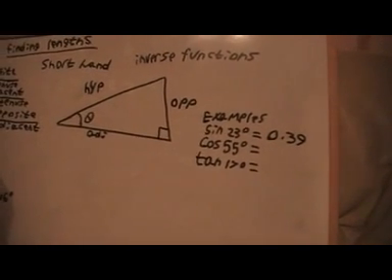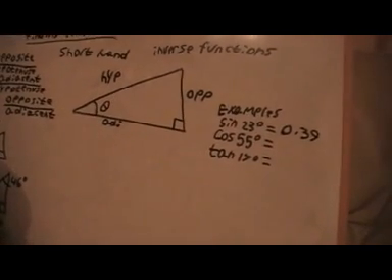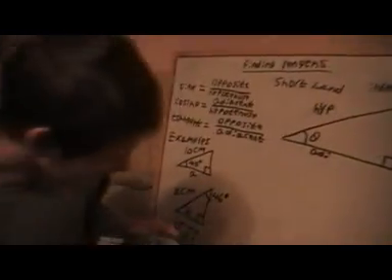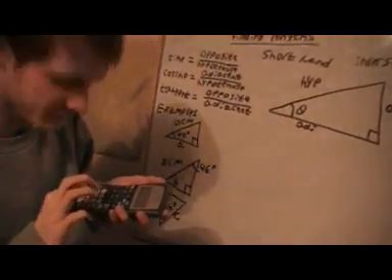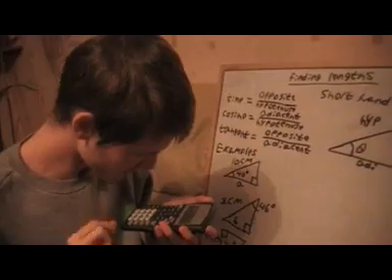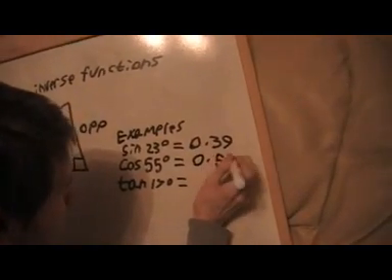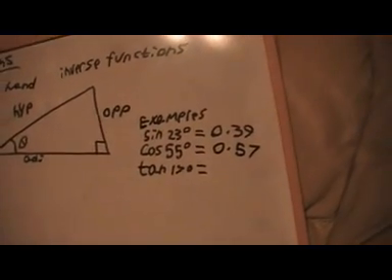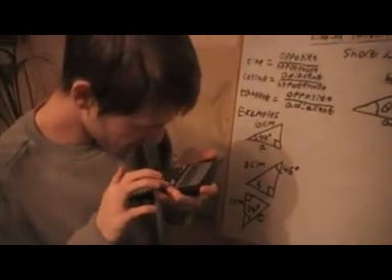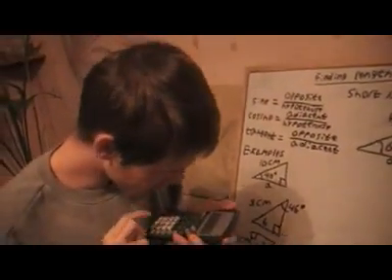So let's do just a couple more. Same for the cosine, you press cos, you type in your angle, close the brackets, and then you get your number to 2 decimal places. Just one more really quick, just so that we can do one of each. It seems like the right thing to do.